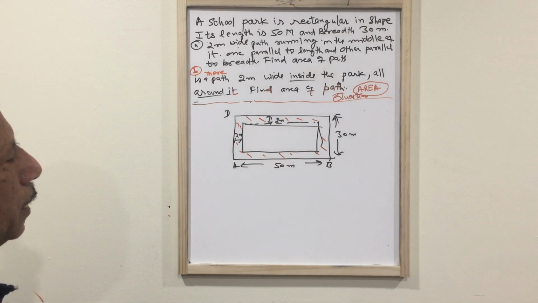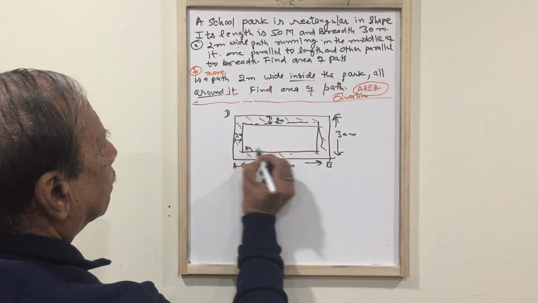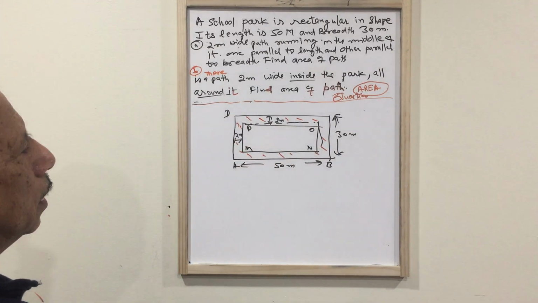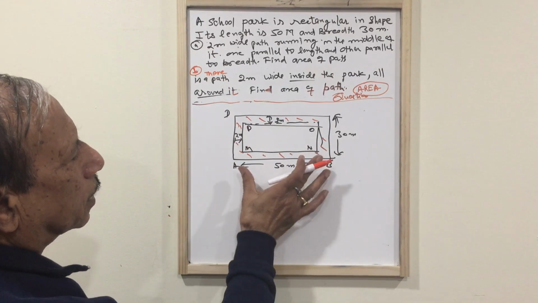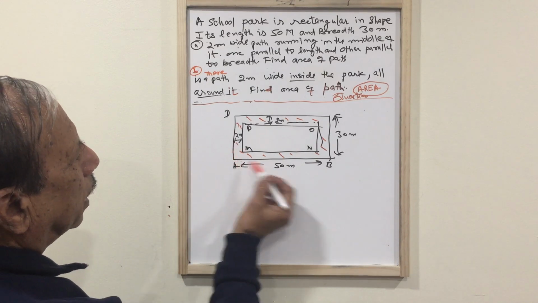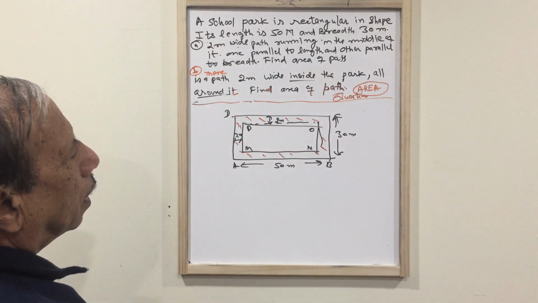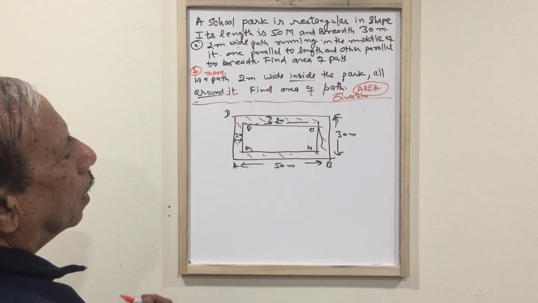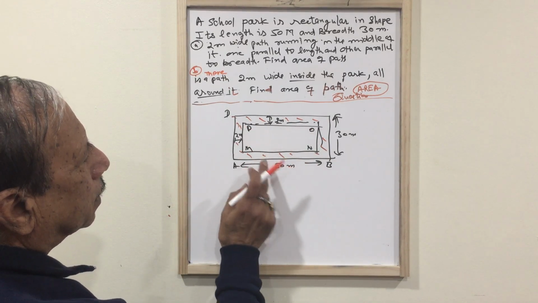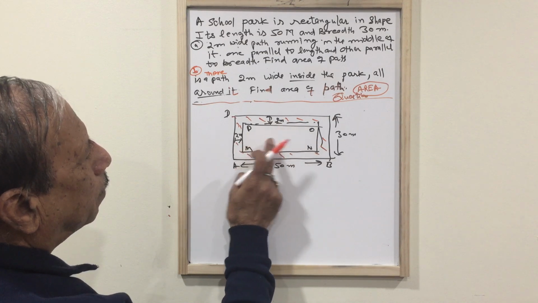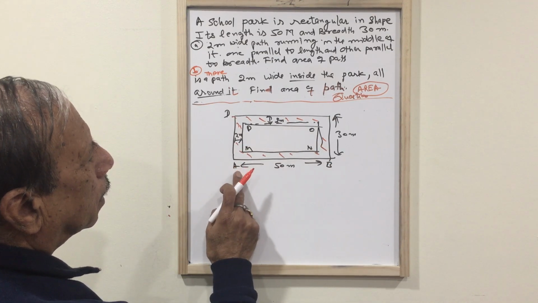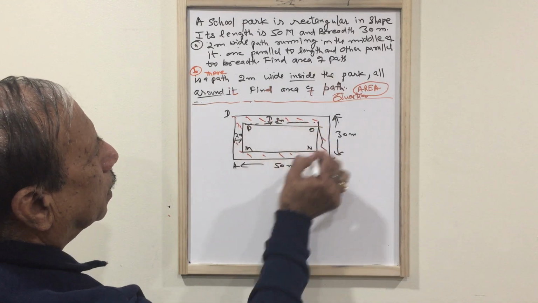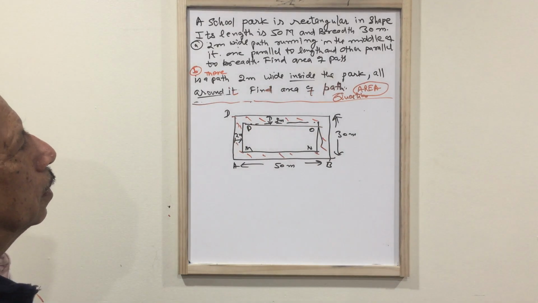So how can we solve it? We can see there are two rectangles now, one is ABCD, another rectangle is MNOP. If we subtract the area of rectangle MNOP from ABCD, then we can get the area of the path.